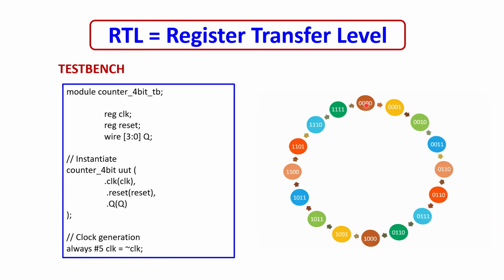So for all increment operations, we need the clock edge. We can't give it manually every time. So this will do that. That is, for every 5 nanoseconds, it generates the clock signal and it provides the clock edge that is required for the counter to increment.